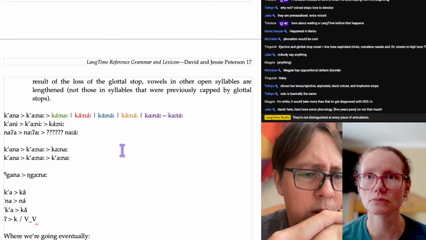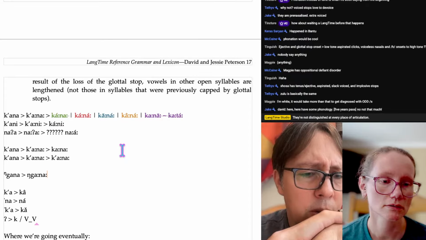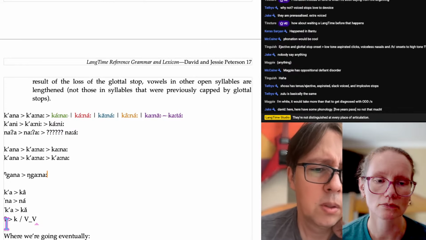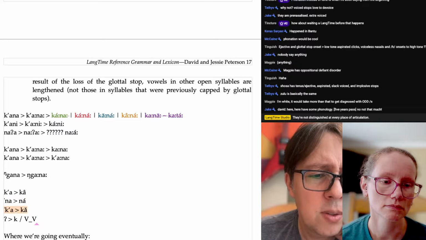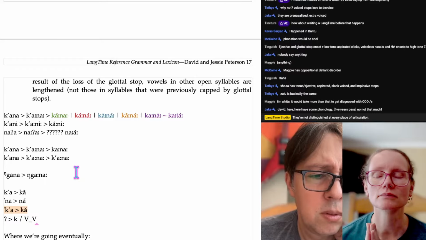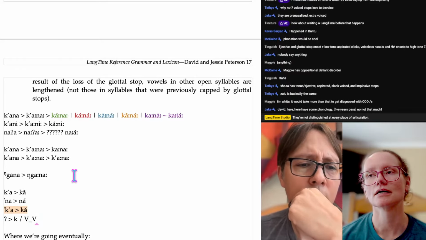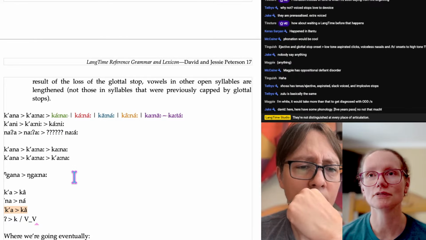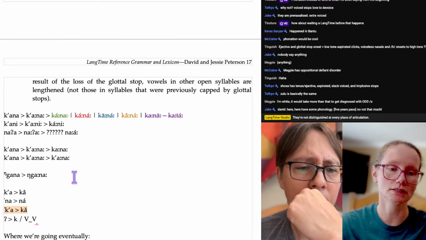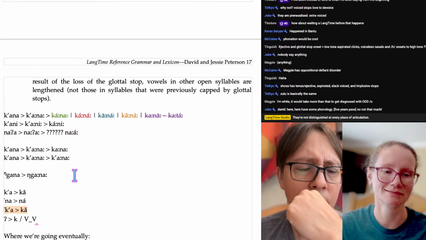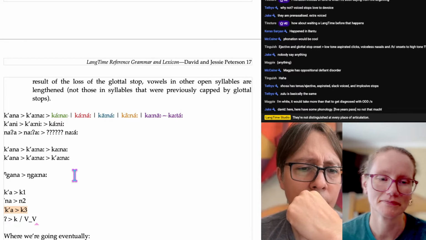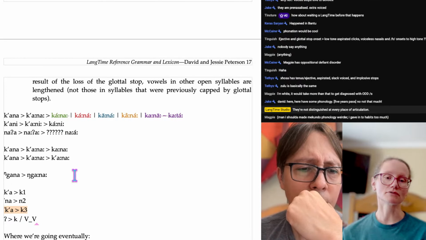In the stressed one. Why is this more likely to have a high tone than this? What I'm saying is, I don't care what you do with any of these three. What if we have tone 1, 2, and 3? Whatever makes sense.